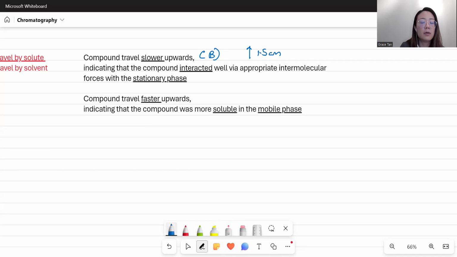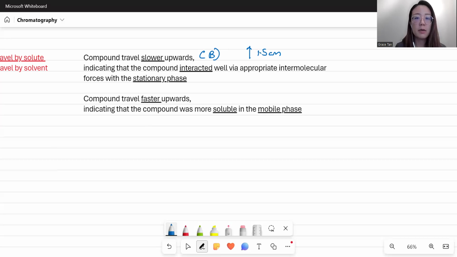Now it means that spot B, or amino acid B, interacted very well via appropriate intermolecular forces with the stationary phase. So he kind of hugged the alumina, the stationary phase, which is the one that is not moving, and he doesn't want to move.